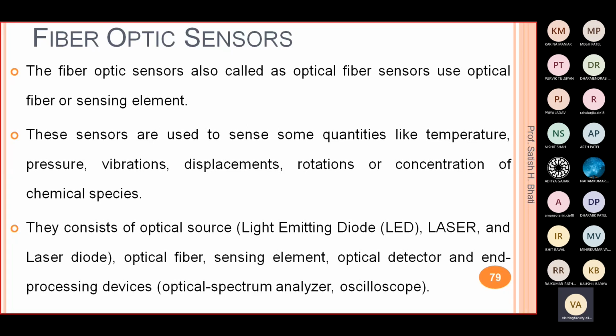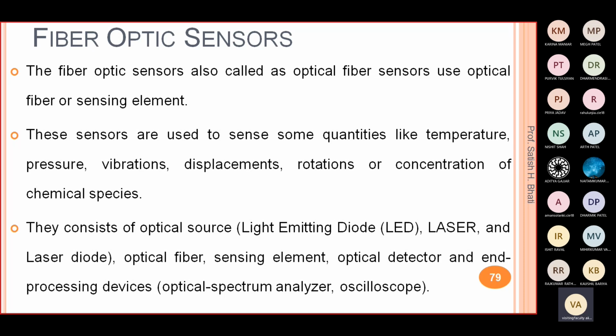Using the optical cable, the speed of the signal is very high, in which generally we are using light. So for applications in which you need a very fast response time, we use this kind of optical fiber sensor.